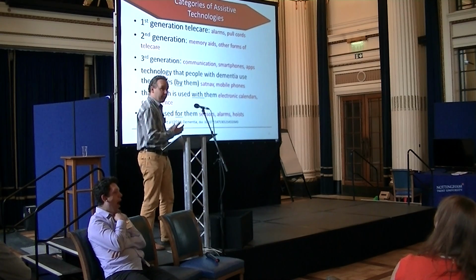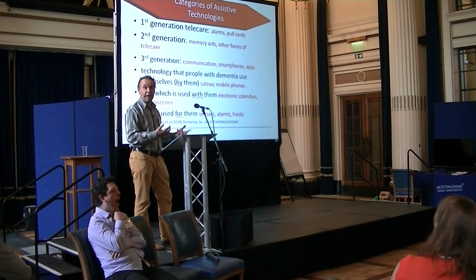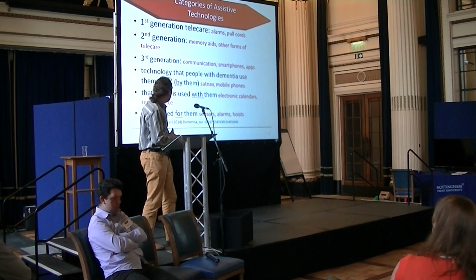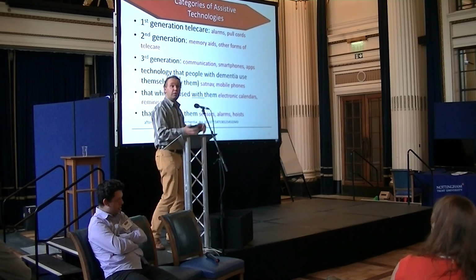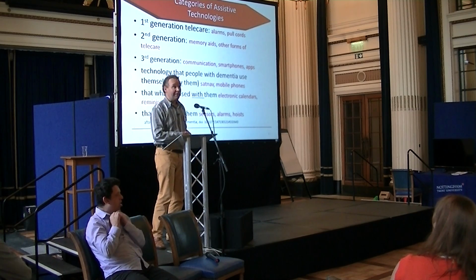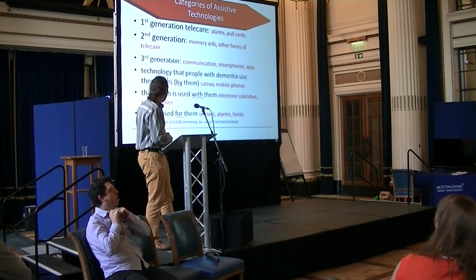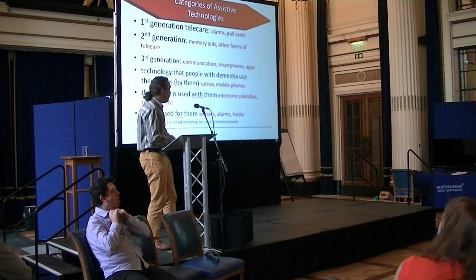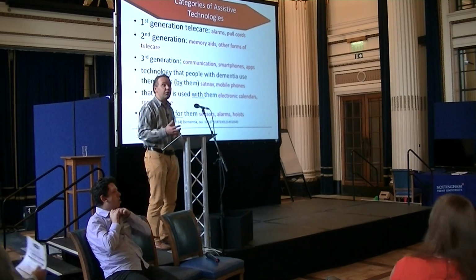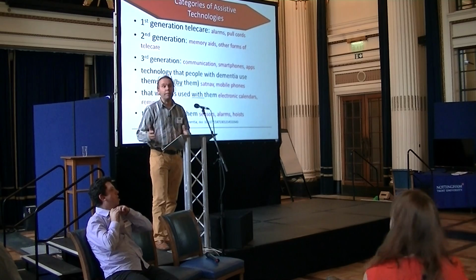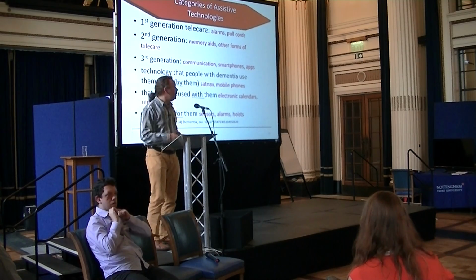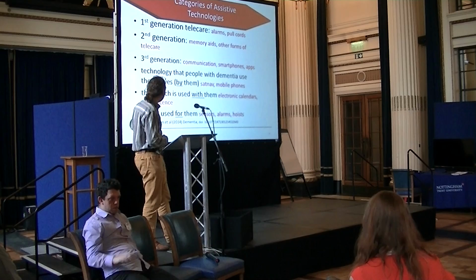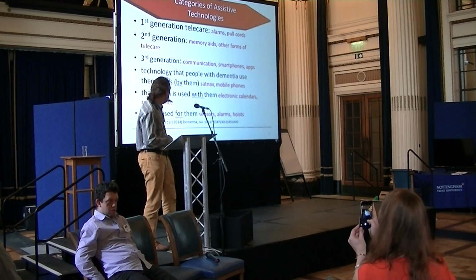So buy them, and a lot of people, for instance, use sat navs. With dementia you can still drive, but maybe you could use a sat nav to support you getting from A to B, and the use of mobile phones. And then other devices that are used with people with dementia, things that you might do with a family member or a carer, or maybe in a care home setting, and things like electronic calendars and reminiscence devices could also come into that.